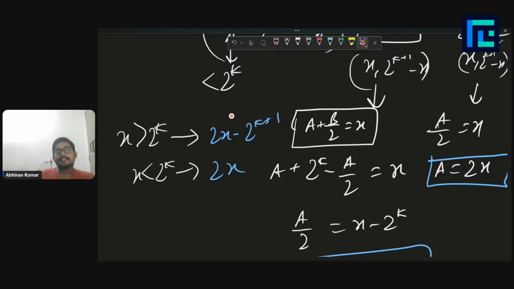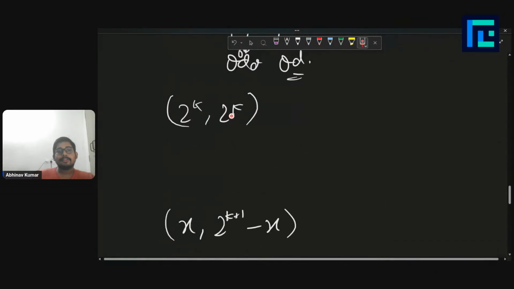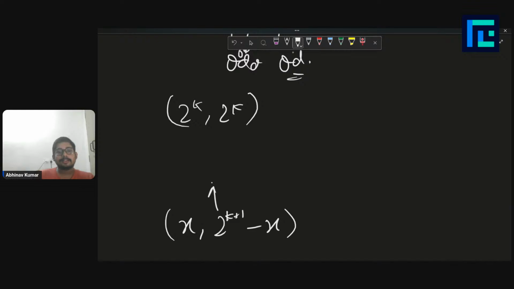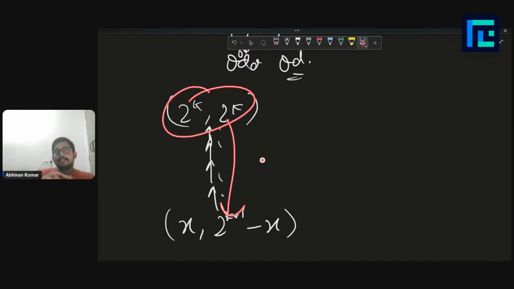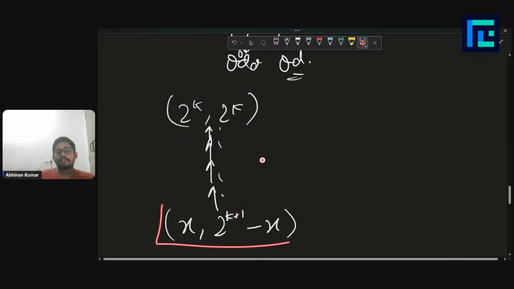That means if you think in the reverse order, then going from this state to this state, there would be only one possible path. If you follow any other path, you would not be able to reach this state.